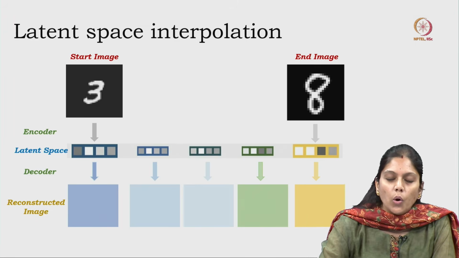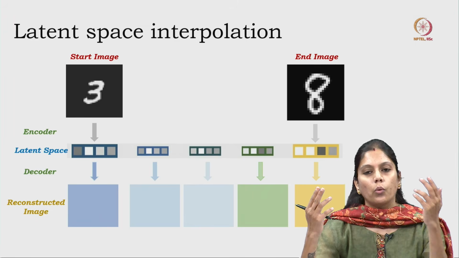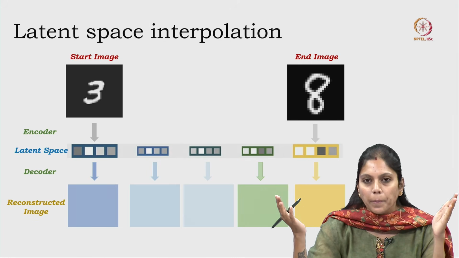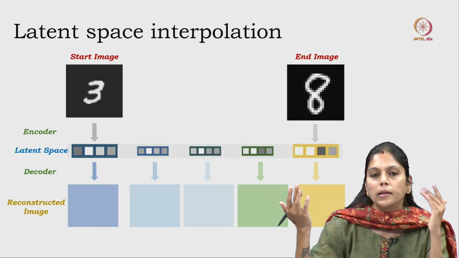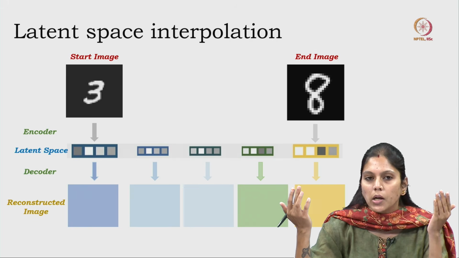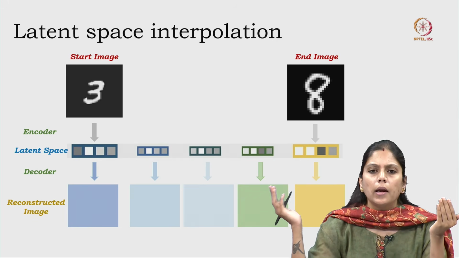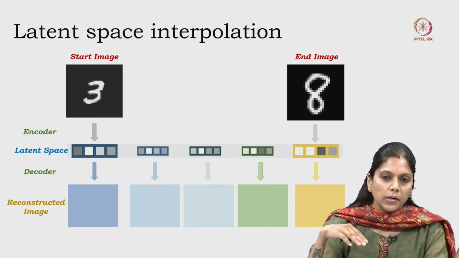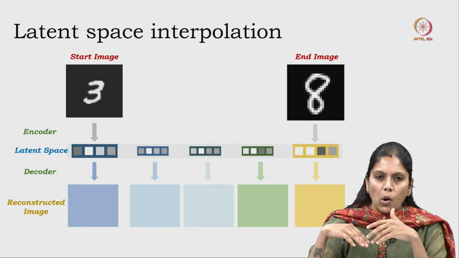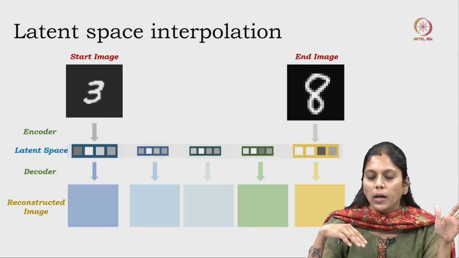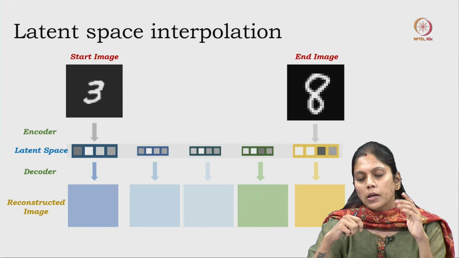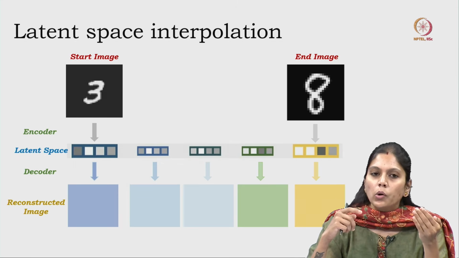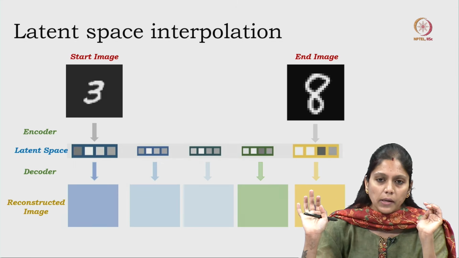Now, whenever you want to do an interpolation, you require two inputs, input A and B. So, here let us take the start image, or the first image, as 3 and the end image as 8. From all the sessions of VAE, we have understood that whenever an input is passed to an encoder, the encoder has to give us the latent space.